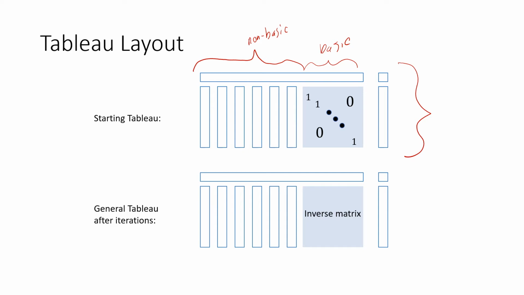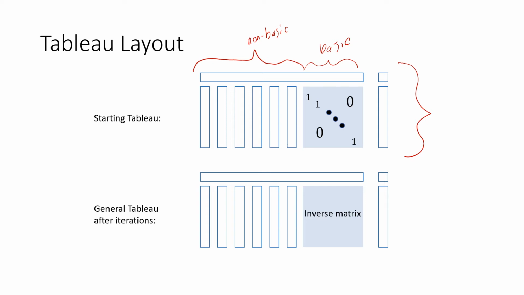When we take our tableau, we start out with this identity matrix. Every iteration is just doing a number of elementary row operations on the rows of your tableau.